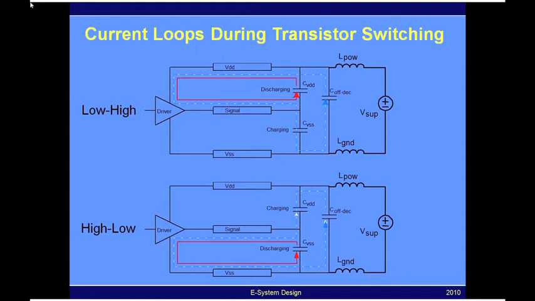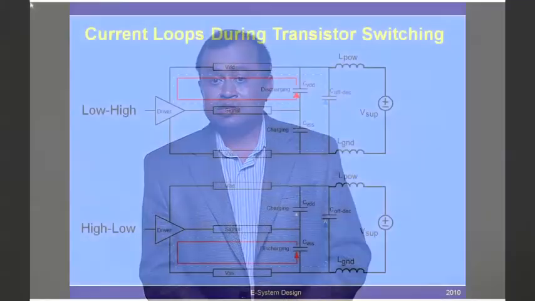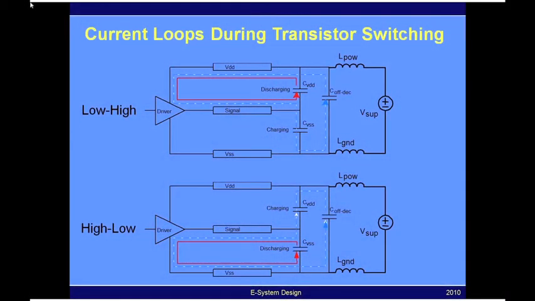If you look at the two transitions, the path that the current takes is very different. In the case of the low to high transition, you will find that no current flows to the VSS plane. Whereas in the case of the high to low transition, there is no current that flows through the VDD planes.